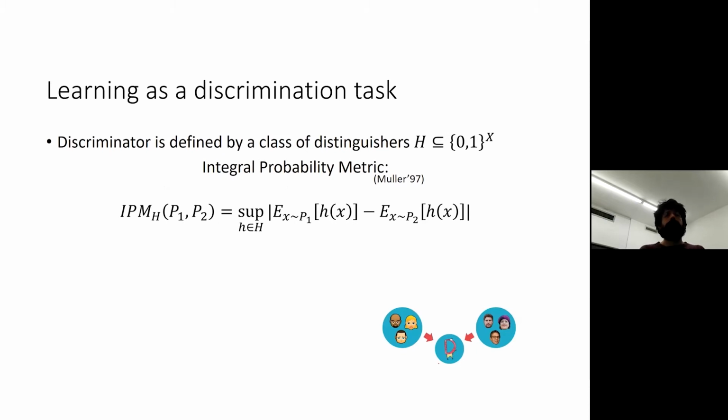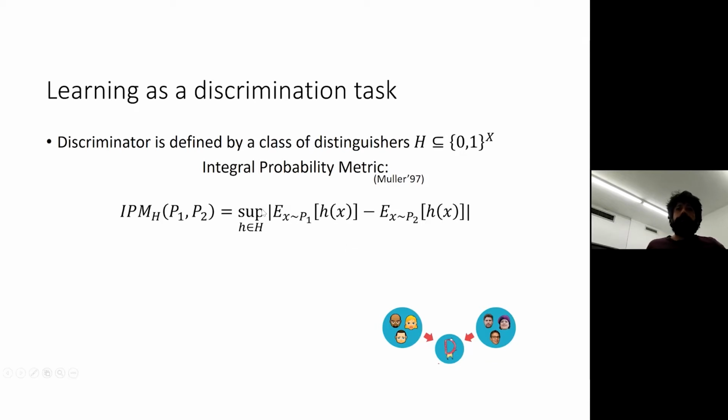So this motivates the following framework for discrimination, where you have a discriminator, which is defined by some class of distinguishers. So you have a class of functions or class of hypotheses, and then you define the notion called the IPM metric, or integral probability metric, which is dependent on your class H. So for each class H, you get a new metric.